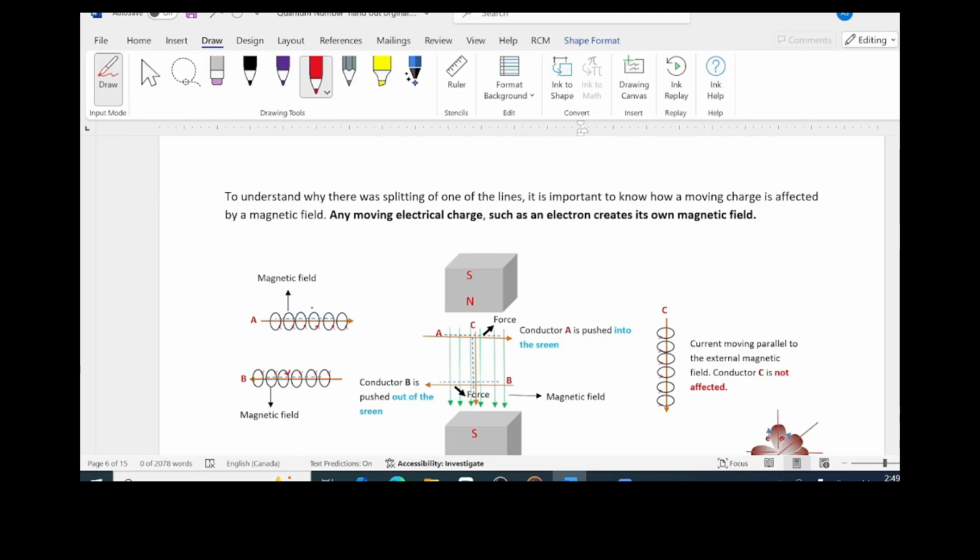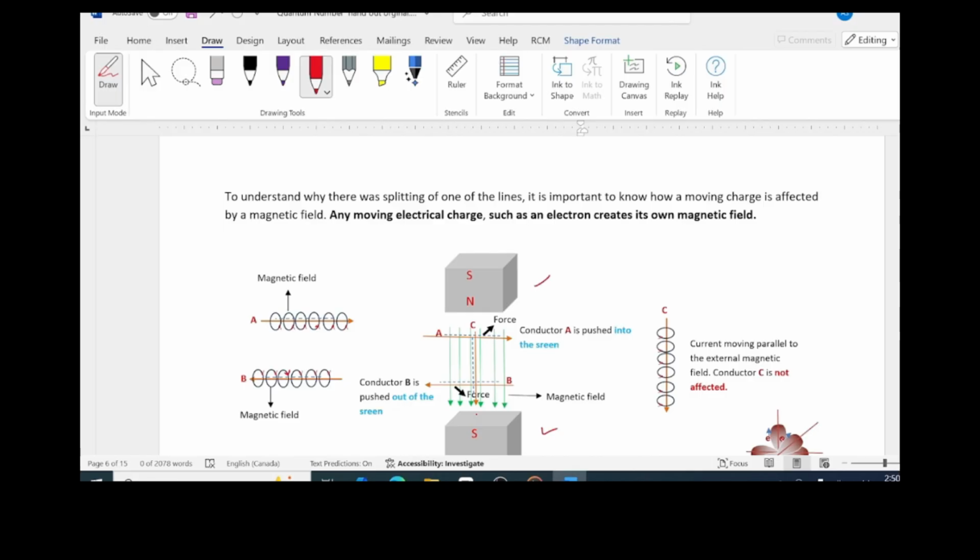If I place this conductor inside this magnetic field, and I take this other one and also put it inside this magnetic field that's produced by these two strong magnets, and I have a third conductor in which the current is flowing in this direction. So the current in this one is flowing perpendicular to this magnetic field, and the same thing is happening with this conductor. But the current in this conductor is parallel to the magnetic field.